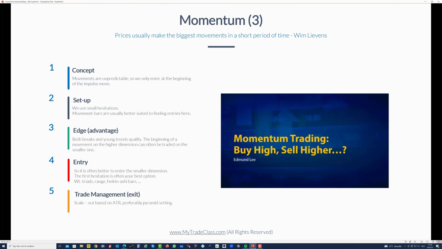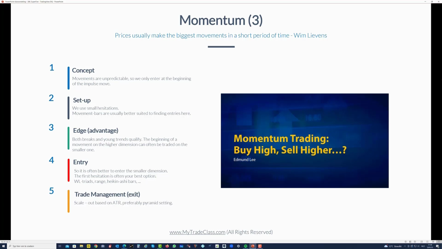The momentum strategy I developed many years ago out of pure frustration. Why? Because I can't remember how many times I was sitting in front of my charts, trading on a 5-minute chart, where I saw the market move very strongly, and I said, "Whoa! Look at what's happening now!"